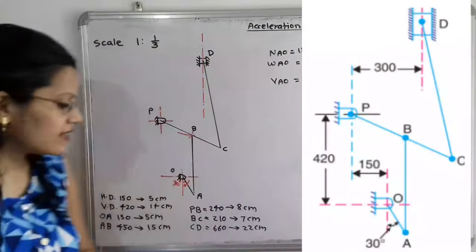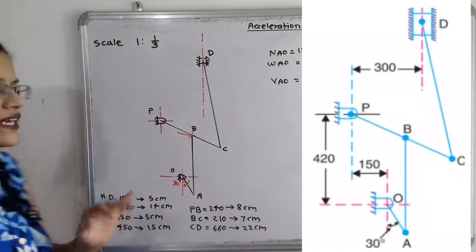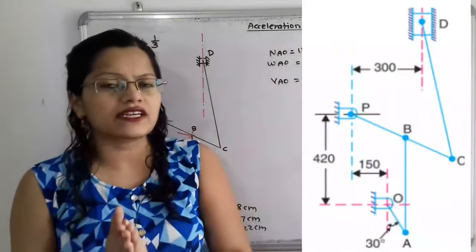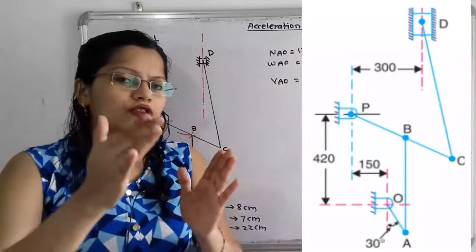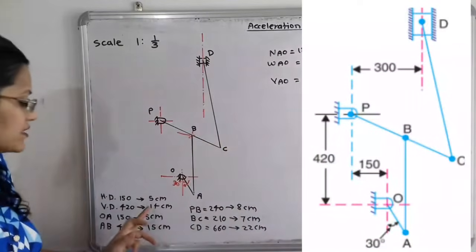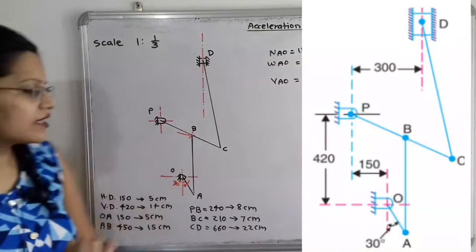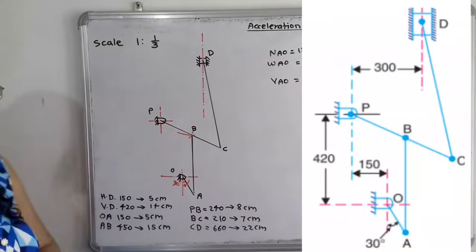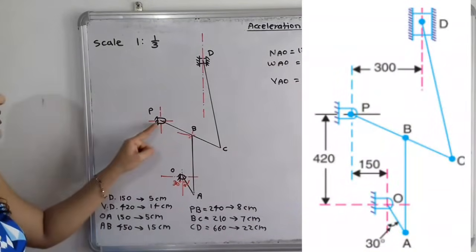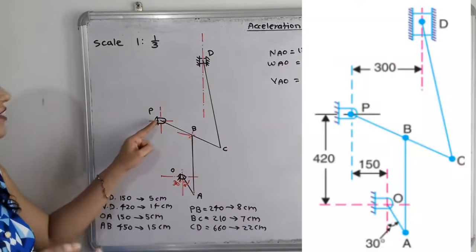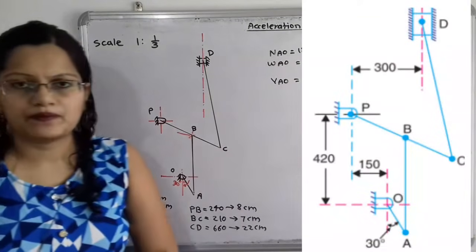Then the vertical distance is 420 mm, that is 42 cm, and as per the scale 42 divided by 3 is equal to 14 cm. So the vertical distance we will take 14 cm, and we will plot here the second fixed point, that is the point P.